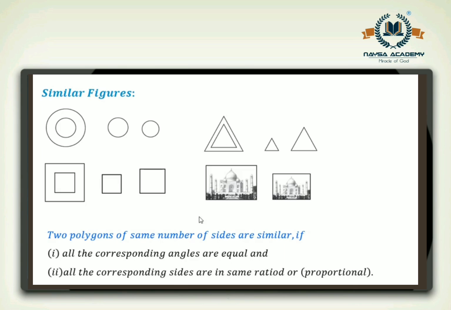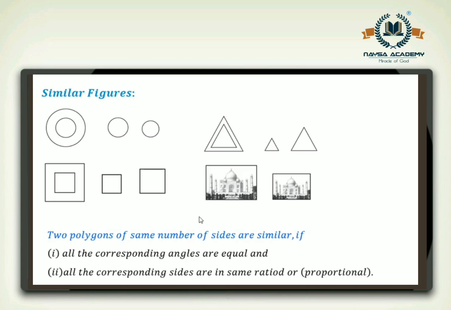Now what do we mean by corresponding angles and corresponding sides? Corresponding, if you go by the dictionary meaning, is equivalent or comparable. If I have a photograph of mine, then the left hand in the photograph corresponds to my original left hand.